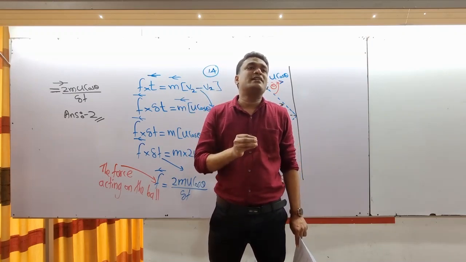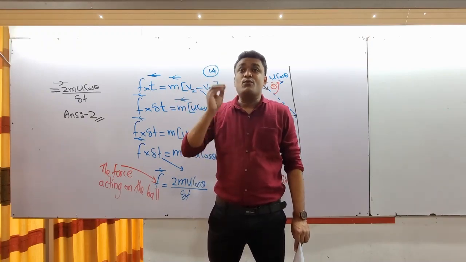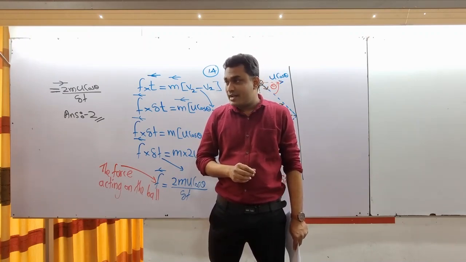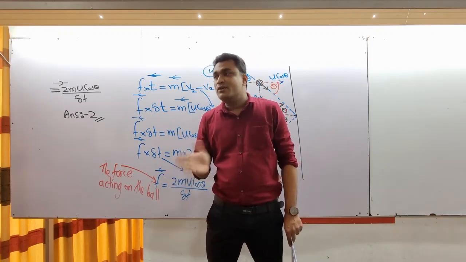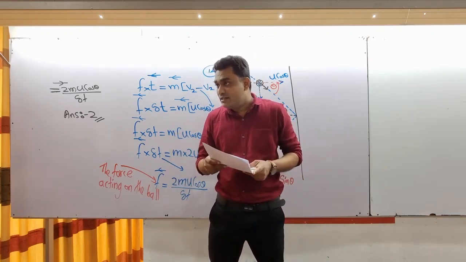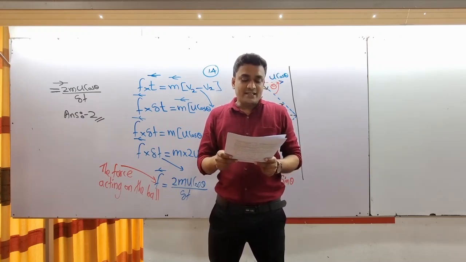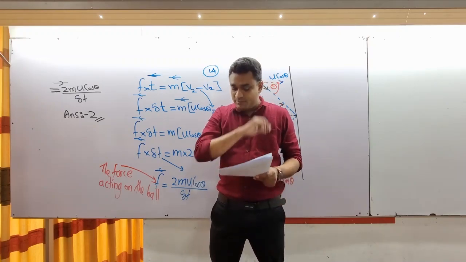It means pressure does not have one single constant direction. Pressure is just perpendicular to the surface. So pressure is not a vector. B: It acts always perpendicular to the surface. 100% correct. B is correct.